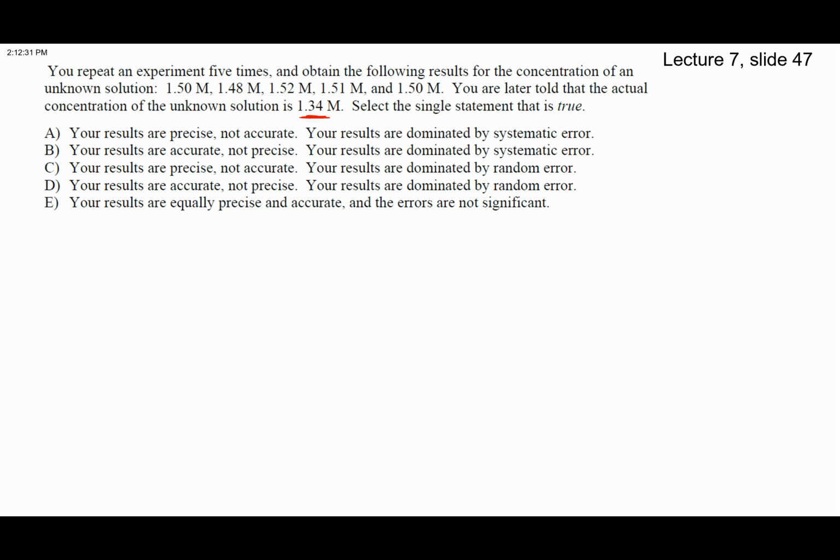Okay, so let's take a look. Are all these numbers grouped close to each other? Well, the answer is yes. They're very close to each other. So we're going to say this has good precision.